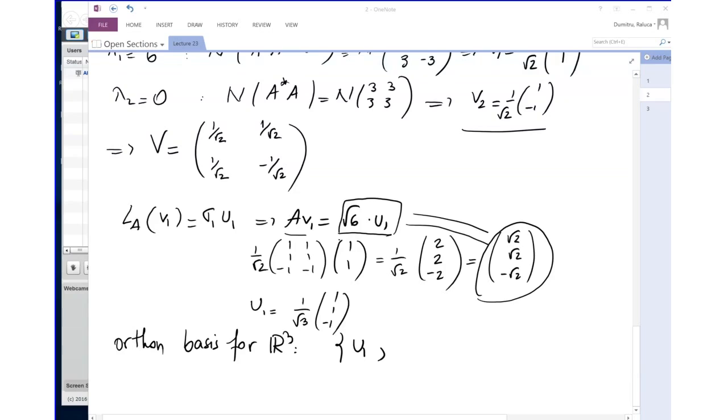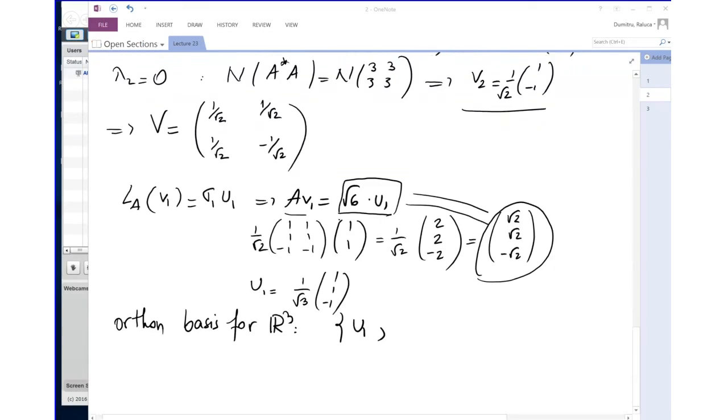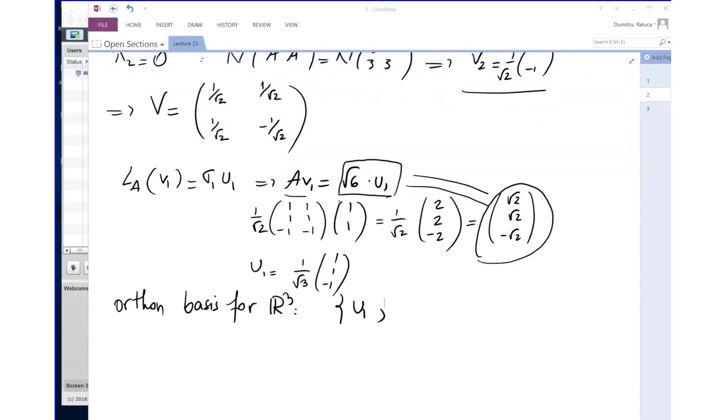You're on your own. Come up with a second one now, orthogonal to U1. What's the simplest one that you can think of? 0, 1, 0 will not be orthogonal. 0, 1, 1 will be.